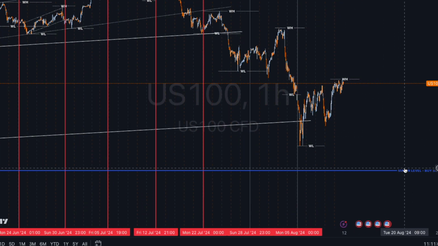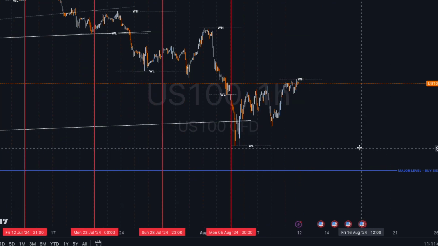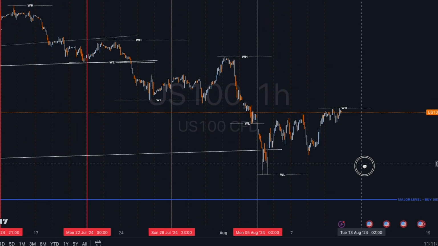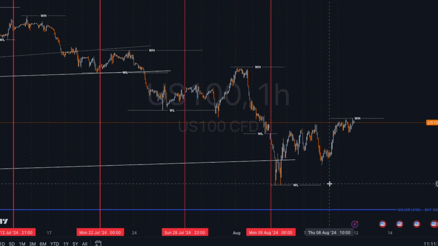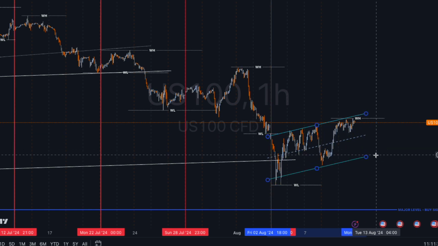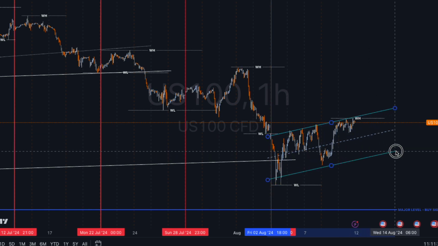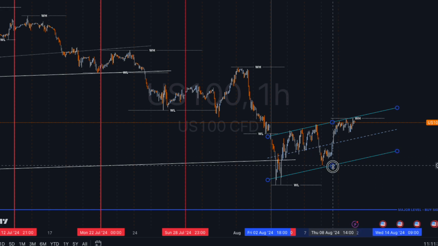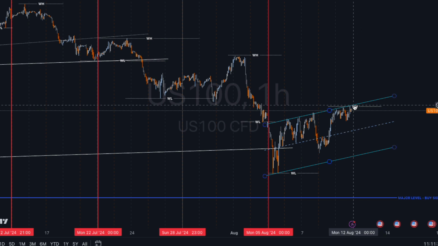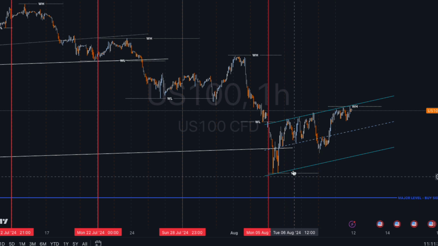In my opinion, this is what I'm thinking right now in regards to what market is going to do. It's one of two things. It may take place, it may not, it just depends. One of the things I'm thinking about is the possibility that this channel that we have over here, market may from a Monday start to push back down again, and it may even take out this weekly low over here.